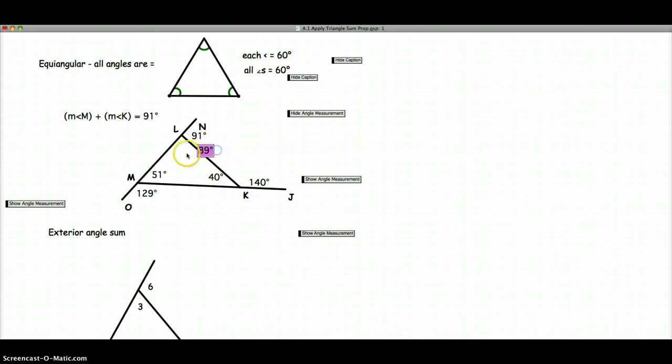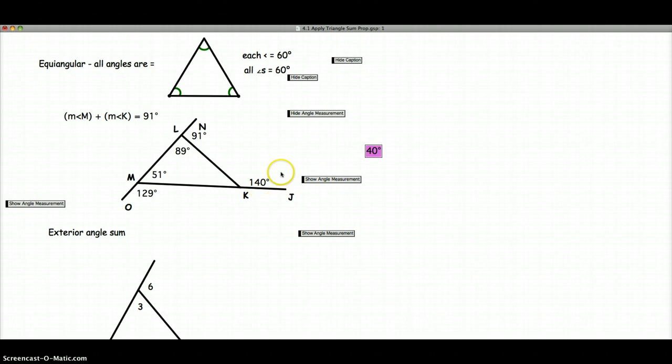That's because the measure of angle L here and the measure of angle N here are supplementary, meaning they equal 180 degrees. And remember, the entire triangle equals 180 degrees. So if I take this one out, this is my supplementary angle. These two angles are going to match with this one. Likewise, if I take this 40 out, what is 89 plus 51?